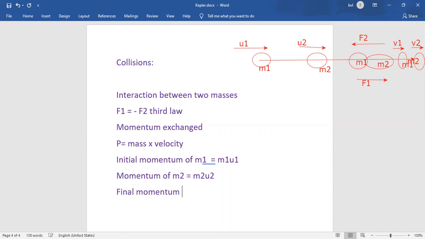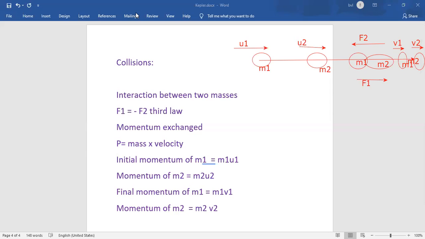After the collision, the final momentum of m1 is mass m1 multiplied by final velocity v1. Similarly, the second mass m2 is moving with velocity v2, so its momentum is m2 v2.